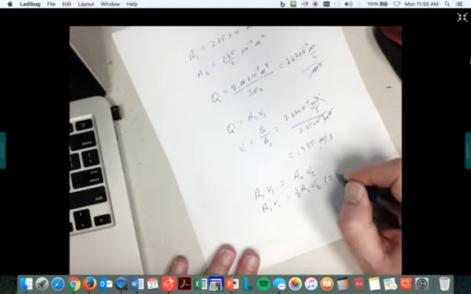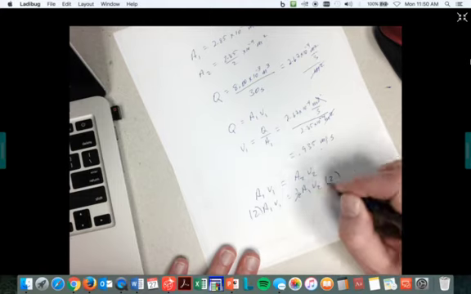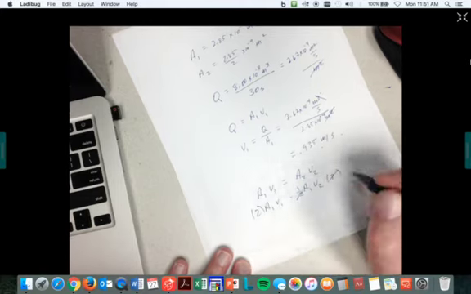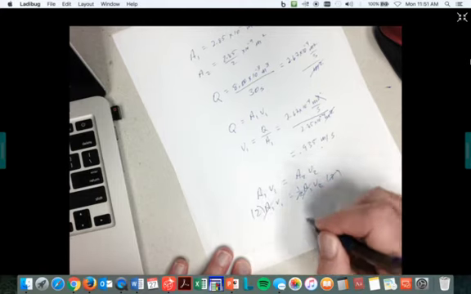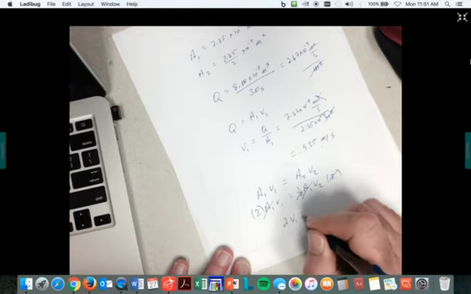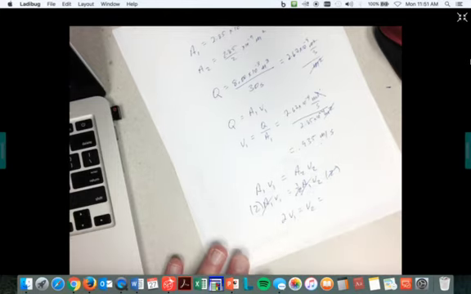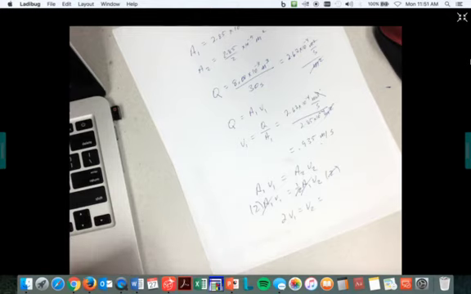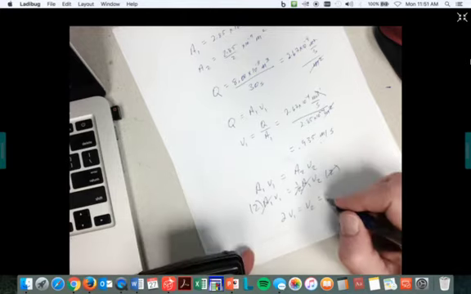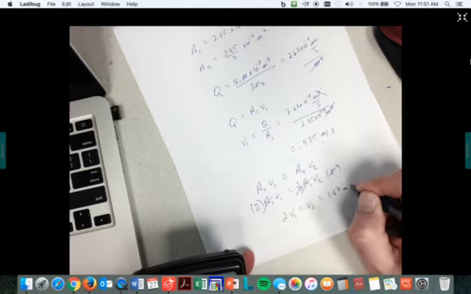So I'll multiply both sides by 2, the half goes away, divide by A1, and 2 V1 is equal to V2. So just multiply V1 by 2. Hey, that worked out pretty nice. 0.935 times 2 is equal to 1.87 meters per second.